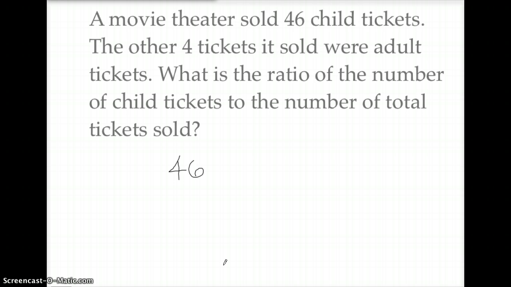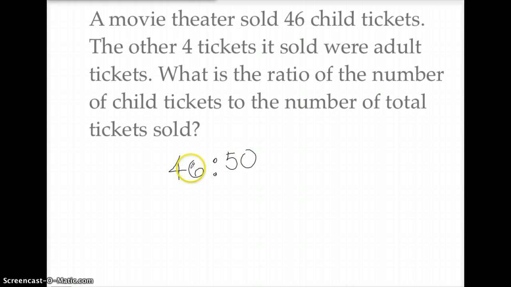We have to find out the total number of tickets. We know there's 46 child tickets and the other 4 are adult tickets. So that means 46 plus 4 is 50. There were a total of 50 tickets sold.